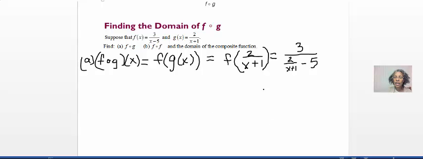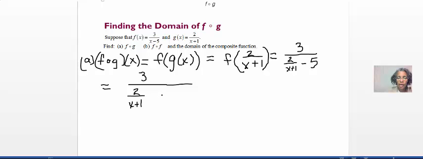And I need to simplify this. This is a complex fraction. And I need to simplify it. And notice that the numerator doesn't contain a fraction, but the denominator does. Oops, that's a 3, not a 2. So here's what I'm going to do. I'm going to look at all my minor fractions.